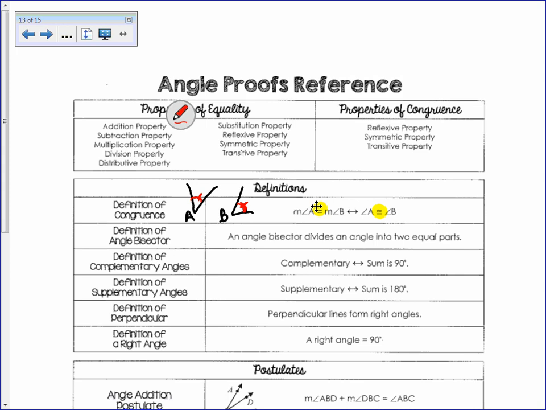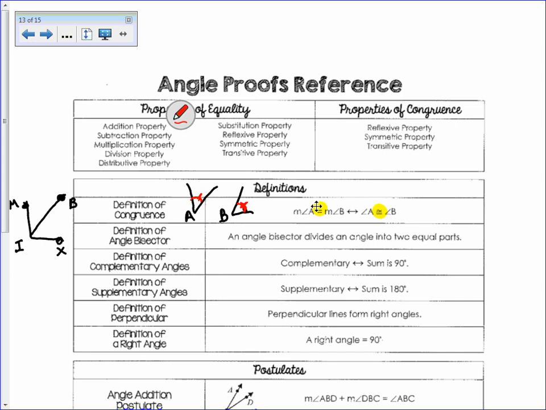Now, when a bisector divides an angle into two equal parts, well, draw your angle. Here's my bisector. I'm going to call it BI. And it divides angle MIX into two different parts. But they're also congruent.